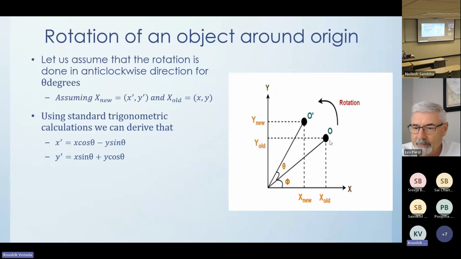Yes, we will be getting an error which will be a bit different from the original point. Yeah, that could be. If you do it long enough, the error is going to accumulate long enough, and you may not get the original point back. You're going to get a little bit of an error.